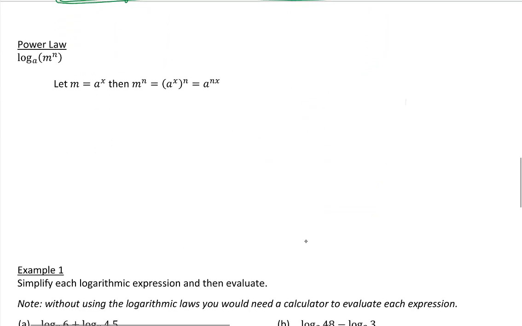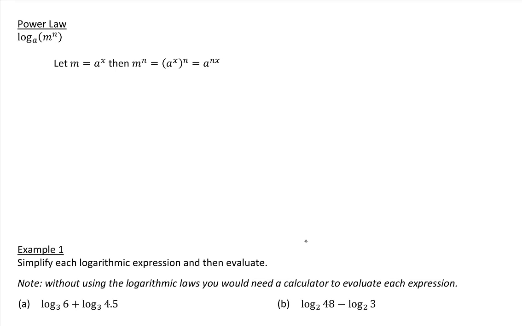And finally, the power law. For this one, we're going to let m equal a to the exponent of x, and therefore m to the exponent of n is equal to (a^x)^n, and using your exponent rules, this is the power rule, that's a^(nx).